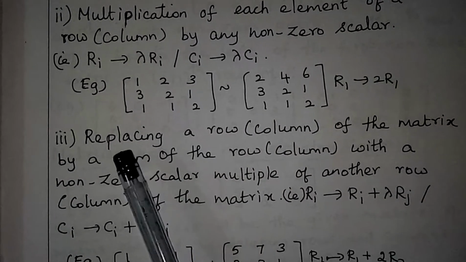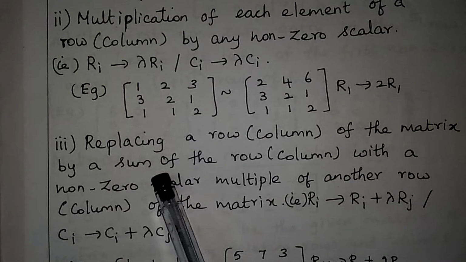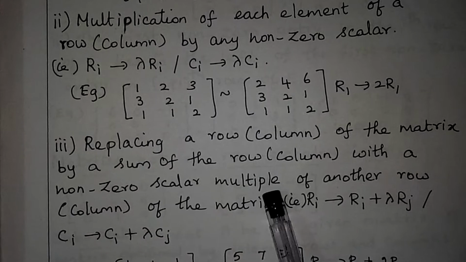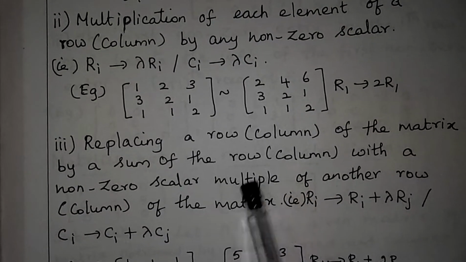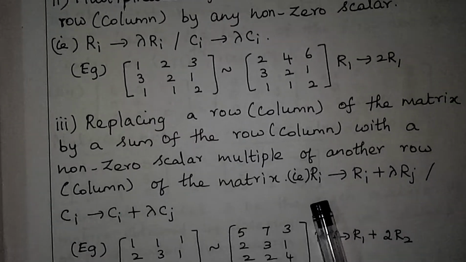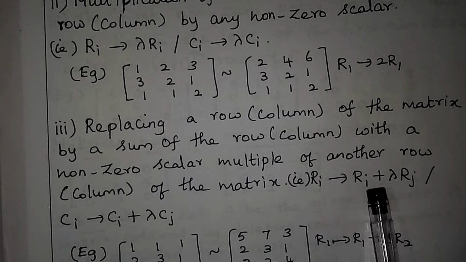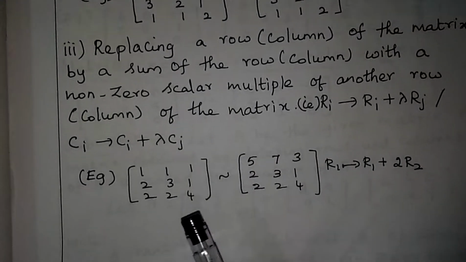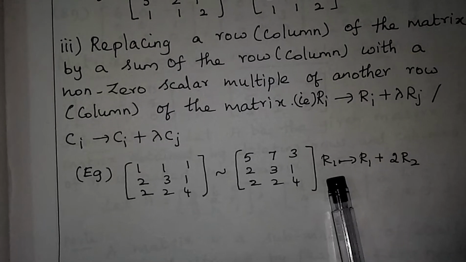The third one is we can replace a row or column of the matrix by the sum of that row or column with a non-zero scalar multiple of another row or column of the matrix. So you select any one row or column, and along with that row or column, you can add a scalar multiple of another row or column. Here you see the example. We have the matrix like this. I am taking the first row.